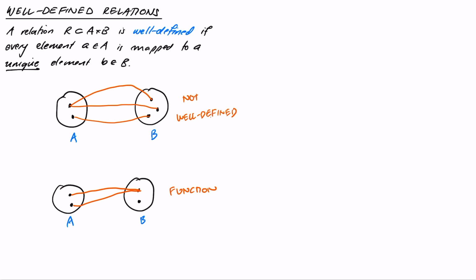So for example, if I set up a relation f which goes from the rational numbers to the integers, defined by f of p over q is equal to p plus q. Now this is not a function. Let's see why. If I were to calculate f of 1 over 2, f of a half, that would give me 1 plus 2, which is 3.